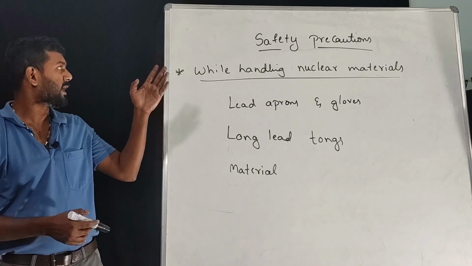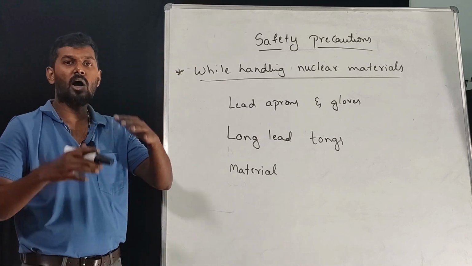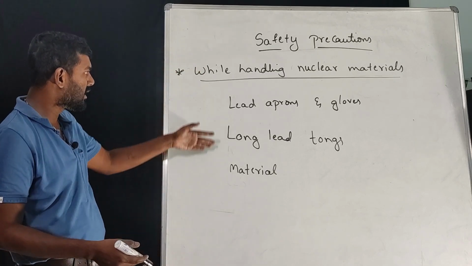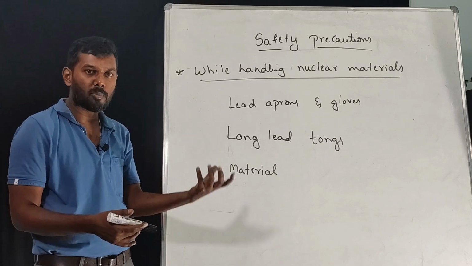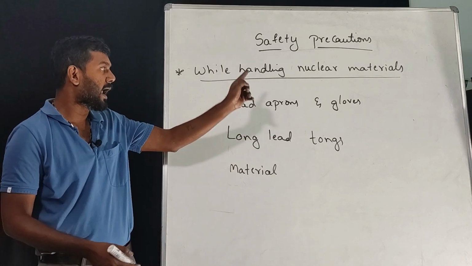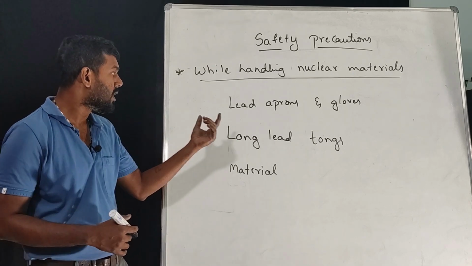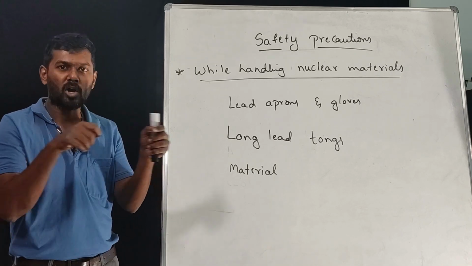Now we will talk about the second safety precaution, that is while handling nuclear materials. After establishing a nuclear power plant, these are the procedures we have to follow. The people who are working in the nuclear power plant should wear lead-lined aprons and gloves to make sure they are not exposed to radiations. Next, we should not use short tongs.